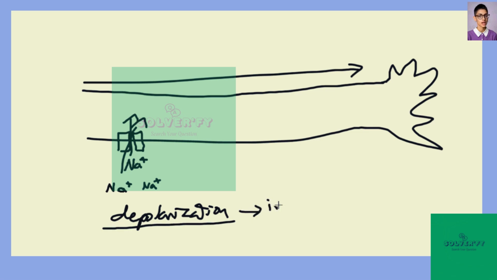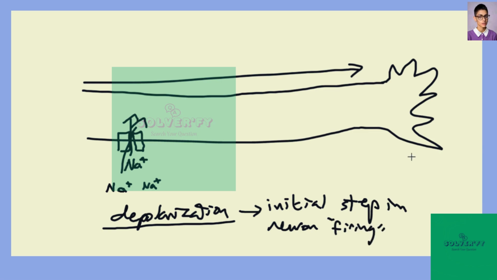So essentially the flux of sodium ions across a sodium channel is involved in membrane depolarization, which is an initial step in neuron firing or signaling, because after a neuron signal propagates down the length of the neuron, it will signal certain responses such as reception of pain to the central nervous system.